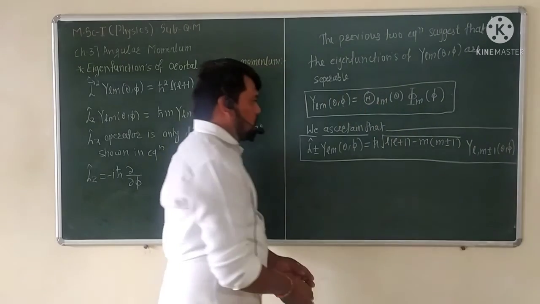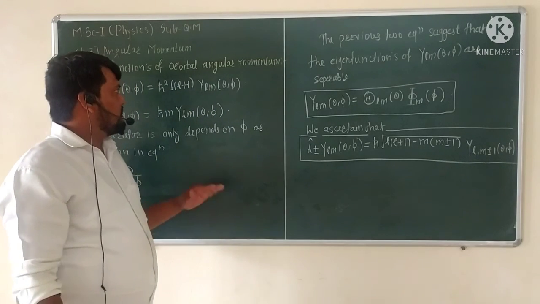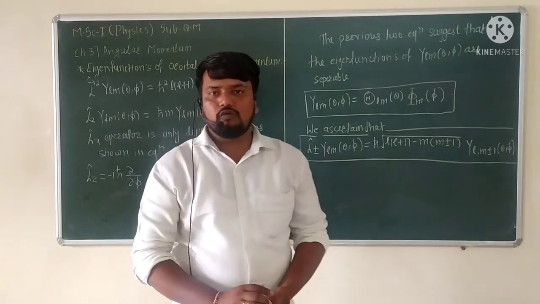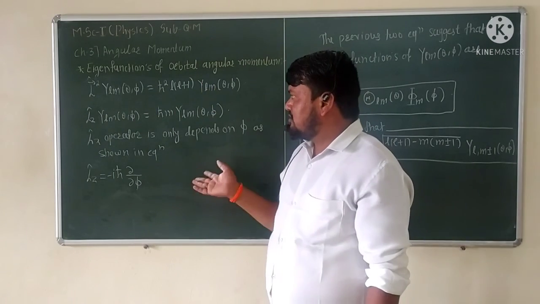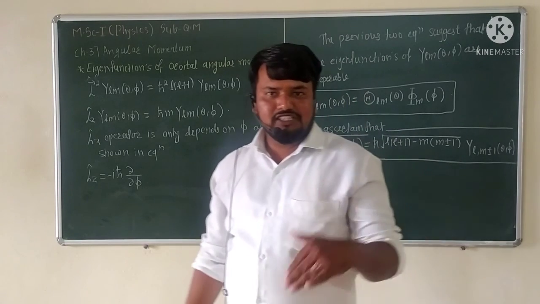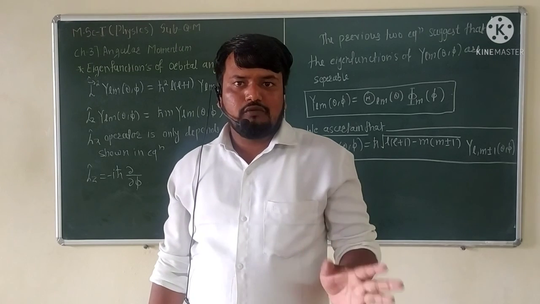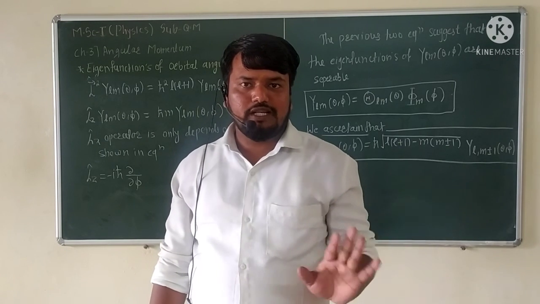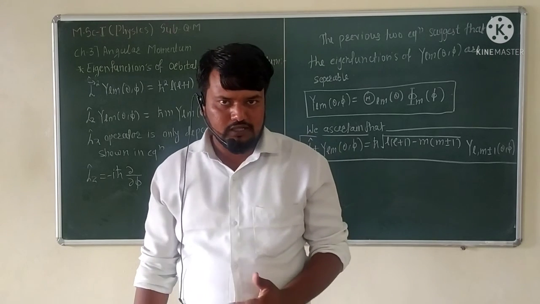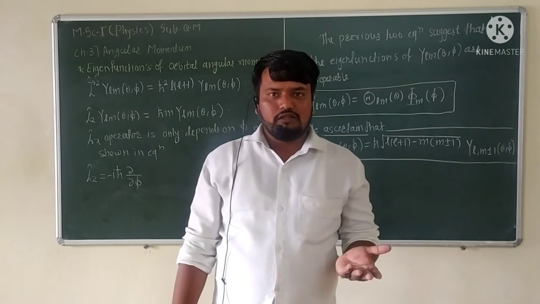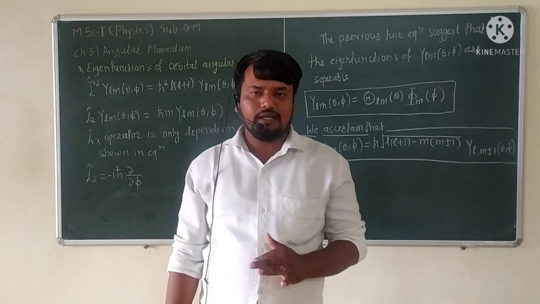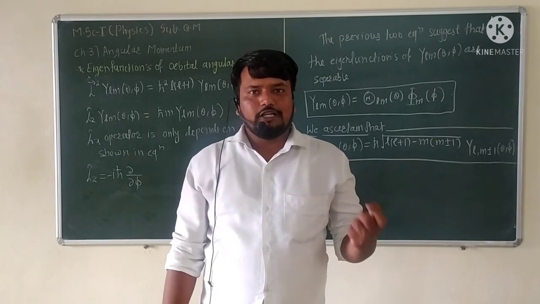Up to this point we have completed the eigenfunctions of orbital angular momentum. In this lecture we saw the Cartesian coordinate system expressed in terms of the spherical coordinate system. That is the Lx, Ly and Lz operators, where Lx is y pz minus z py, and similarly Ly and Lz.